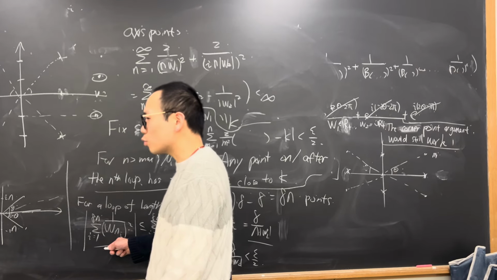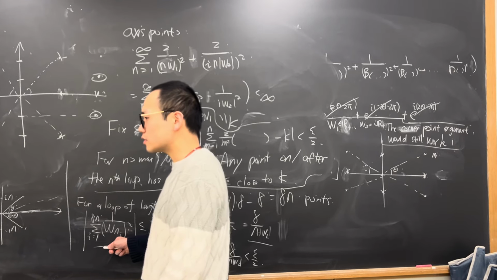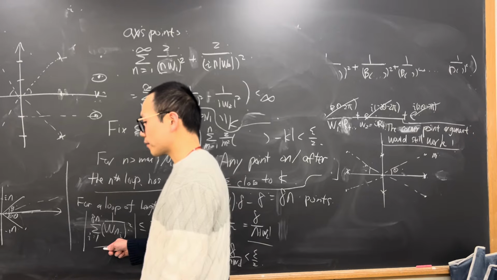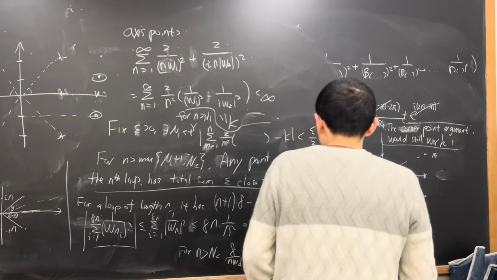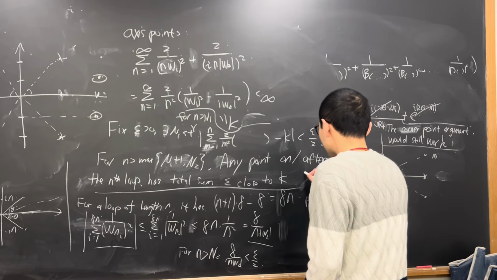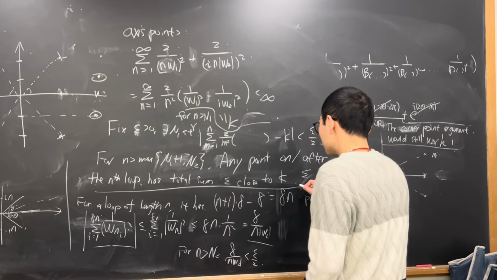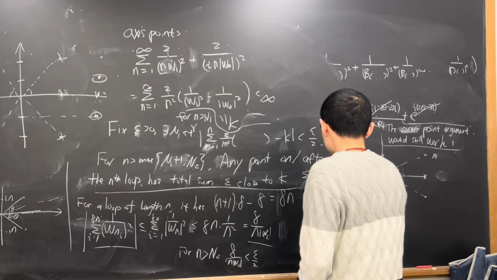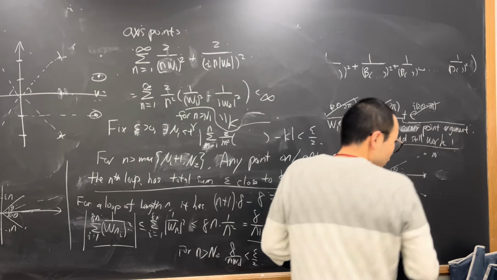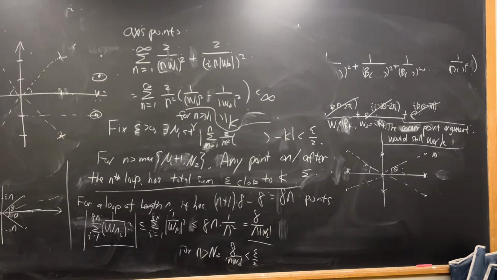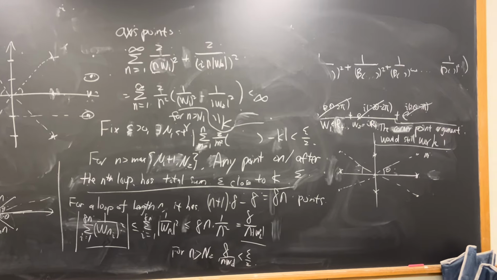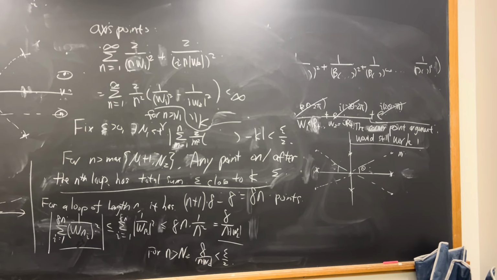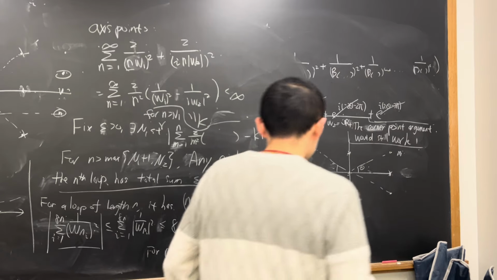That's not a whole loop, that's just some remaining part. So the whole sum breaks down into two parts.